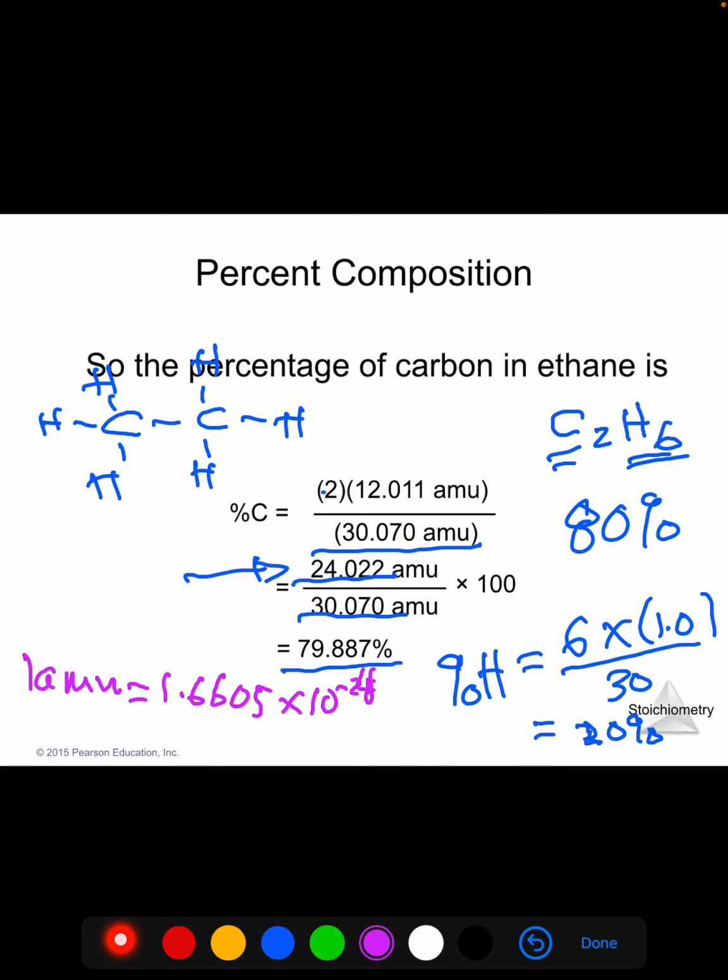That's minus 24. Minus 24 grams. That's a fleetingly tiny mass, and I can't even comprehend it. And so this is not very useful to a chemist working with AMUs.